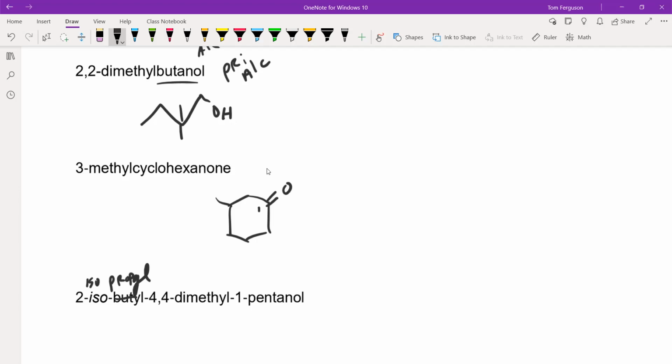Well, let's do this for the carbons. How many bonds does carbon have? Four. Okay. So we have 2 from the double-bonded oxygen, and then a carbon and a carbon.